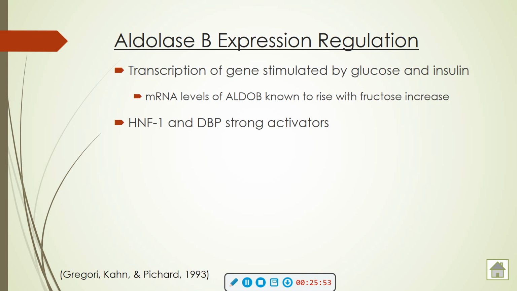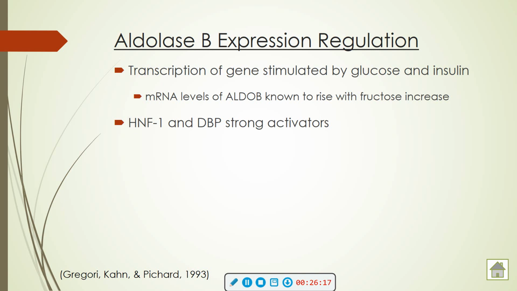The first one that I want to mention is HNF1 and DBP. They are very strong activators to make this gene active and to do its job. Now, HNF stands for hepatocyte nuclear factor.